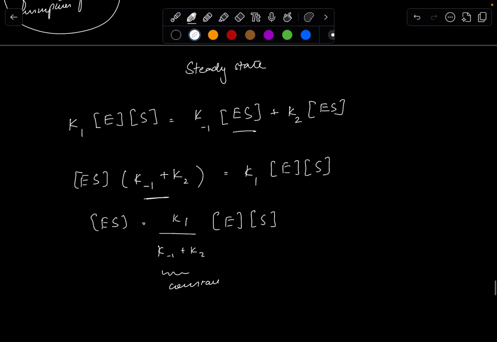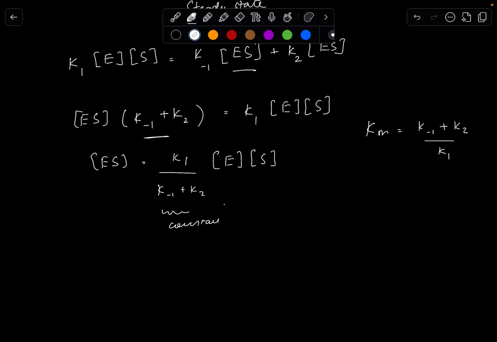What is this term? One thing to remember is what Km is. Km is basically all these constants. It is K negative 1 plus K2 over K1. What does this look like? This essentially is our Km, just inverted.